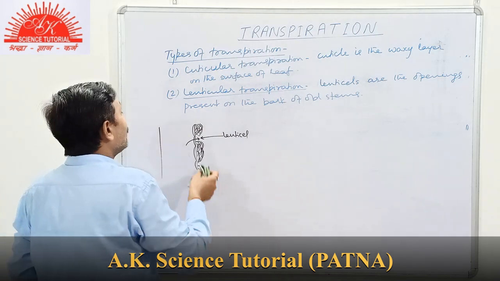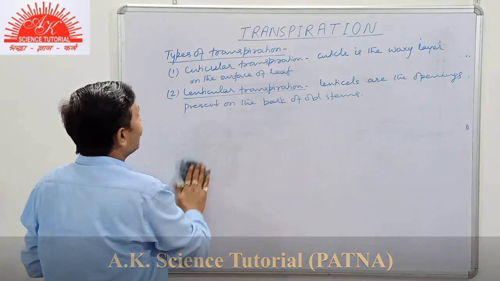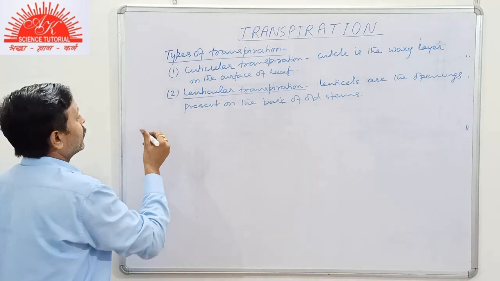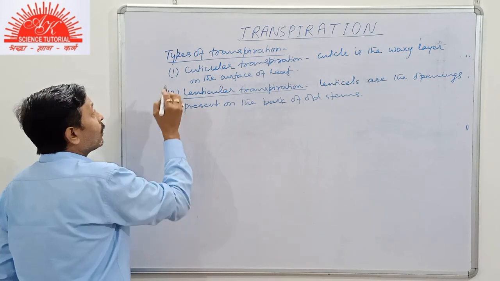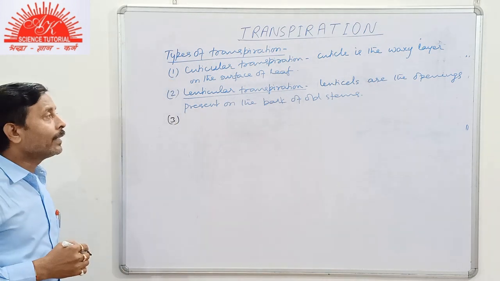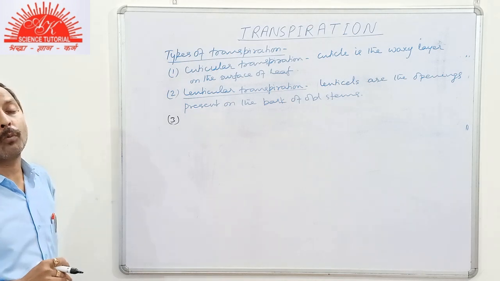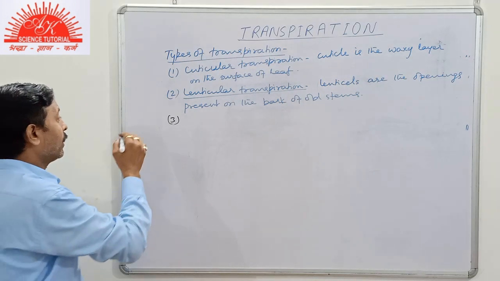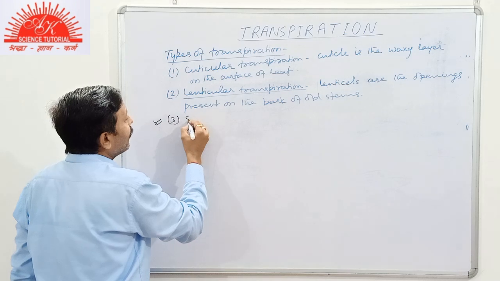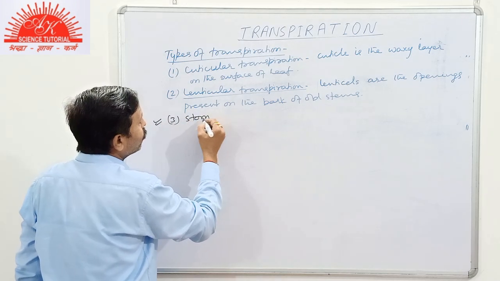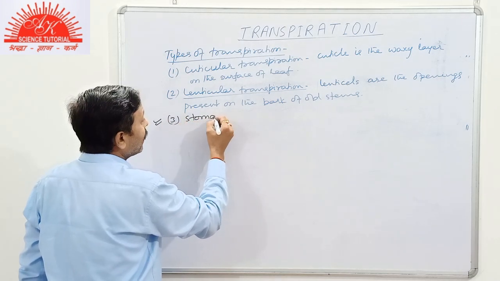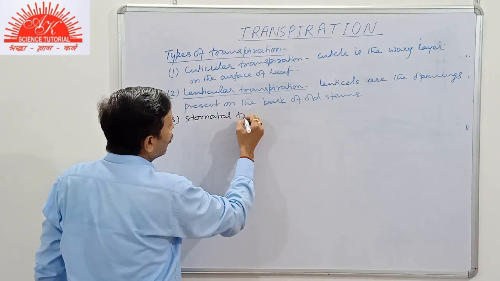Now the third part is stomatal transpiration. Through cuticle and through lenticels, a small amount of water evaporates, but most of the water is transpired through stomata. This is called stomatal transpiration.